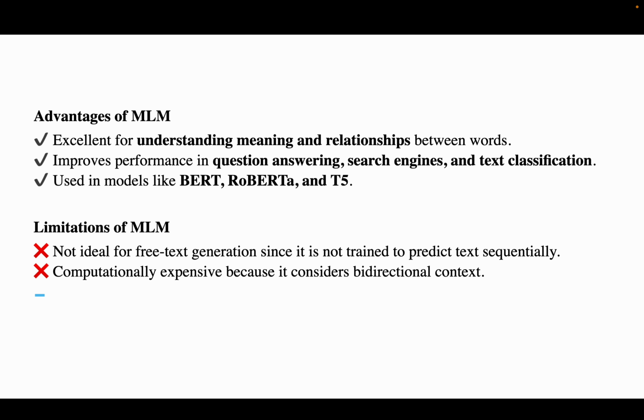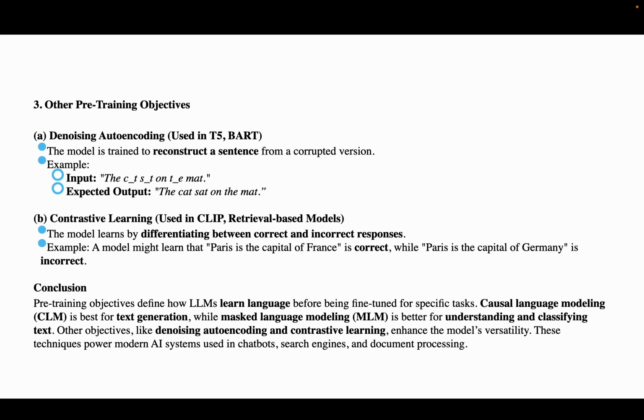It improves performance in question answering, search engines, and text classification, used in models like BERT, RoBERTa, and T5. The limitations are it is not ideal for free text generation since it does not predict text sequentially, and it is computationally expensive because it considers bidirectional context.